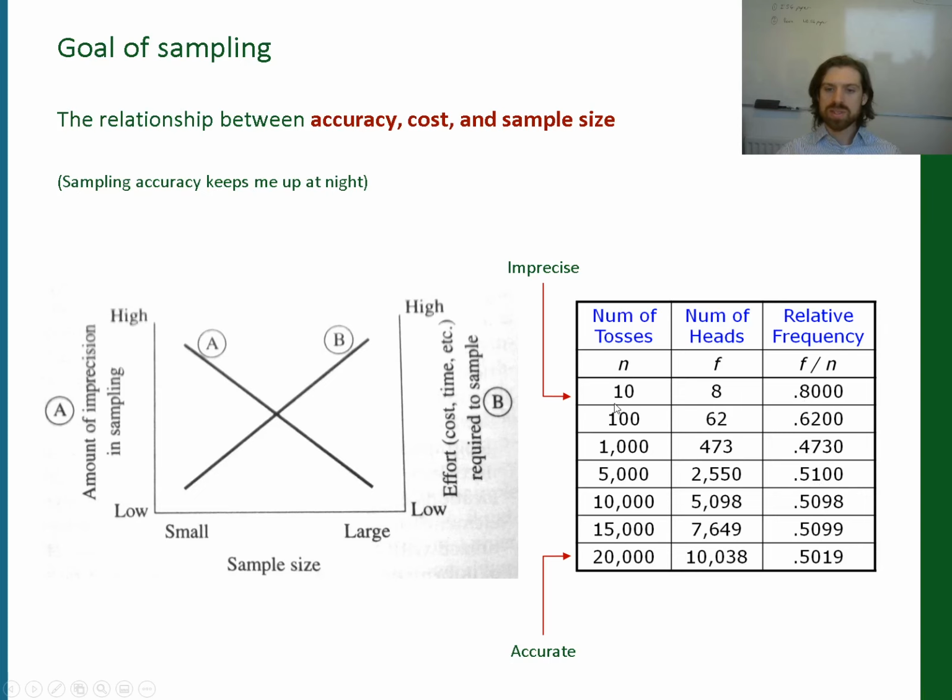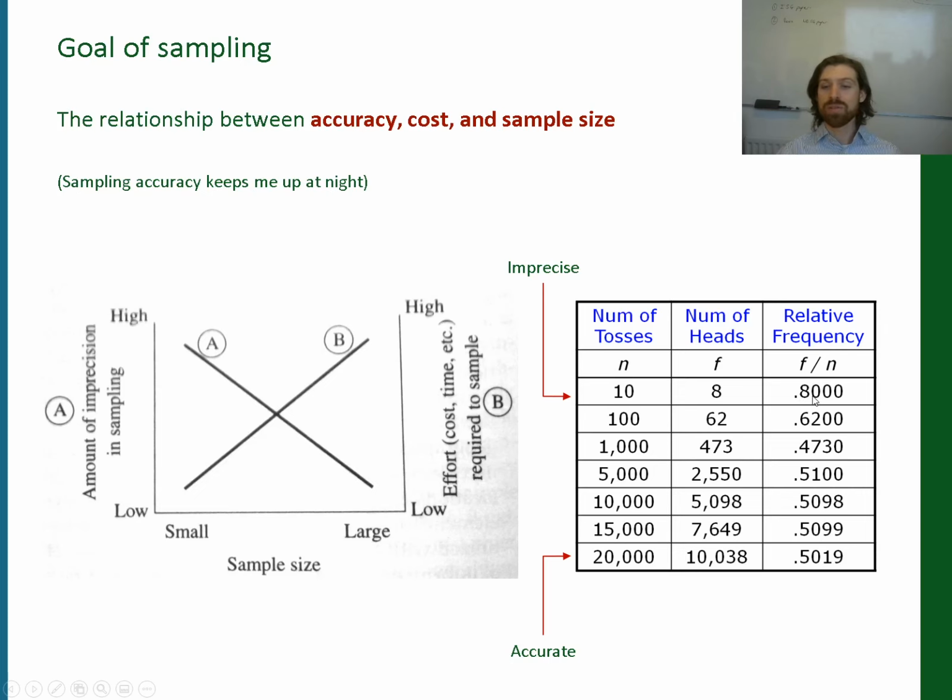We get basically a frequency, but it can also be interpreted as a probability. And what's important is that when we're down here on the small number of trials, 10 or 100, we're over here on the left-hand side of this graph. So it's a small sample. There's potentially a high degree of imprecision, but it's very easy to take the sample. So when we only flip the coin 10 times, we get 8 heads, and that would indicate that the relative frequency would be about 0.8.